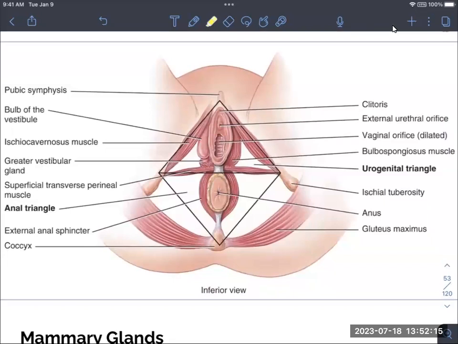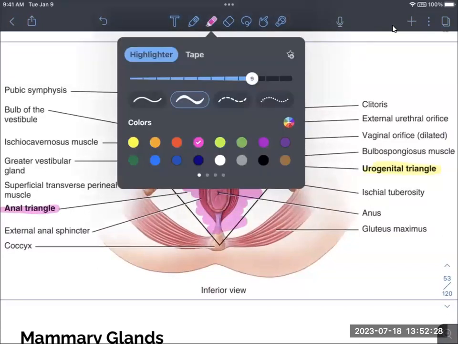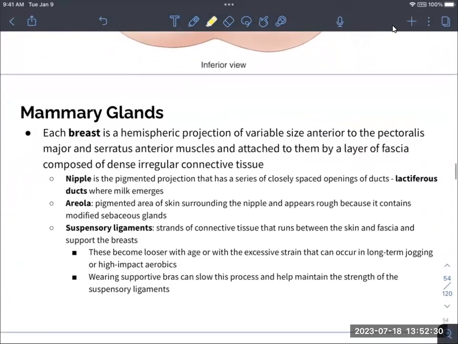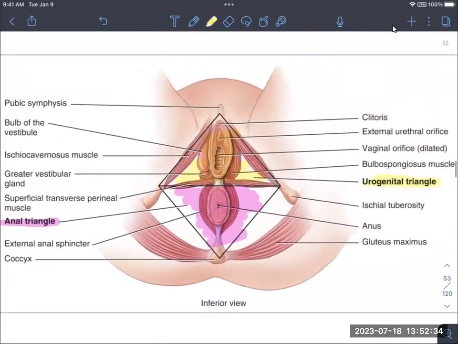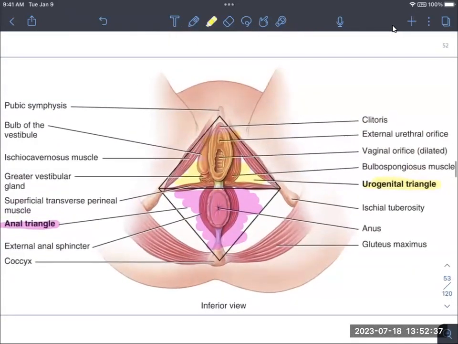Draw a line that gives us that urogenital triangle in the front, this whole area, and the anal triangle in the back. This is the whole area that makes up that perineum specifically.